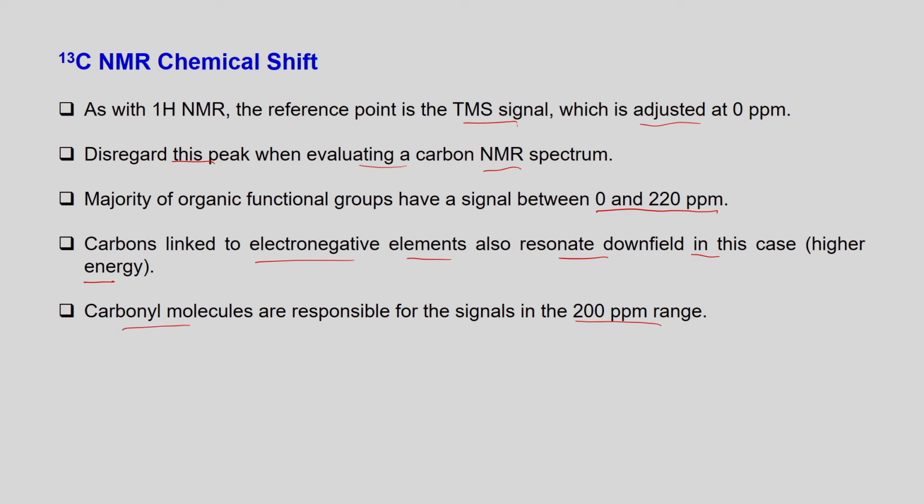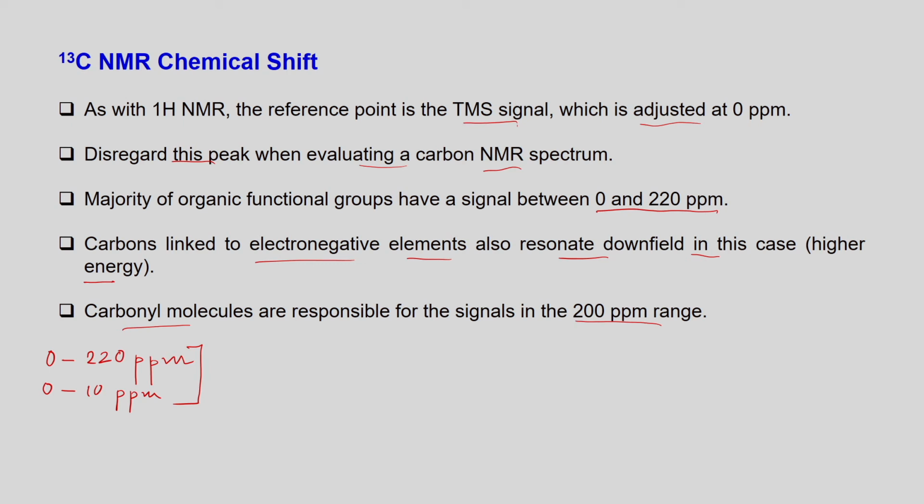Now, the issue is, most of these chemical shifts occur between 0 and 220 ppm. These are pretty high as compared to 0 to 10 ppm. Now, please pay attention. When I talk about 0 to 220 ppm, I am talking about a much lower field as compared to proton, because these frequencies are very difficult to detect by an NMR spectrophotometer.